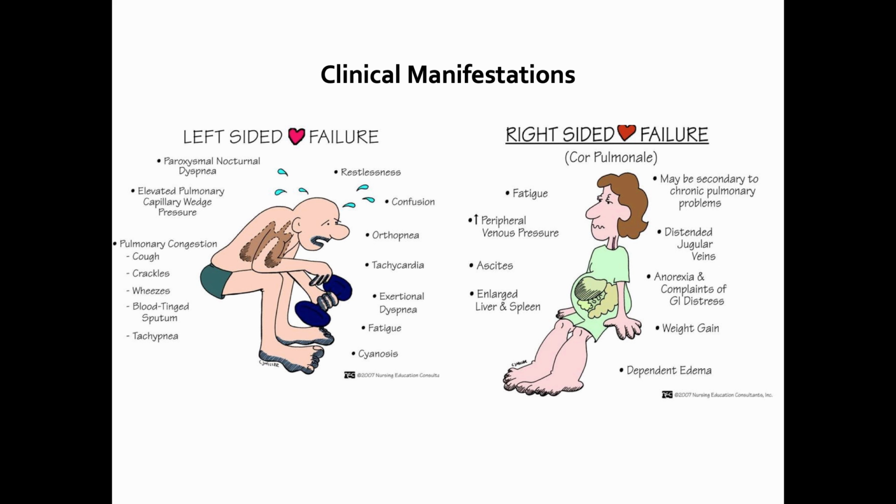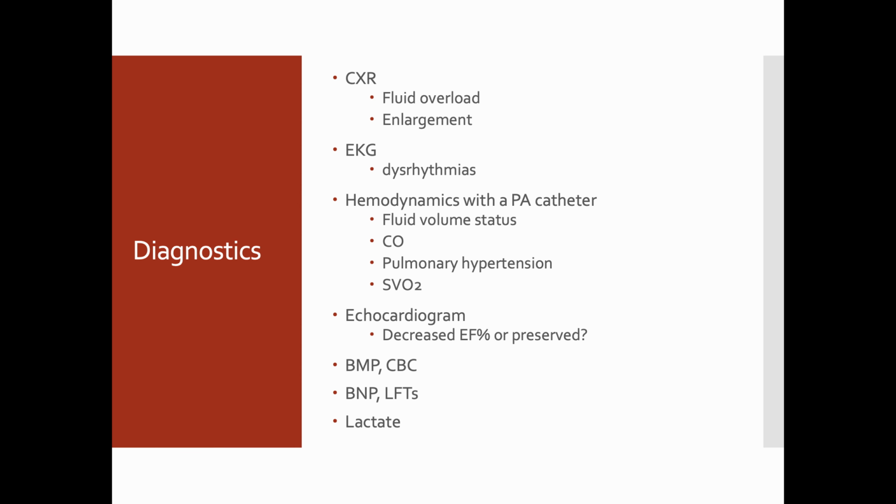All the right-sided stuff tends to be weight gain, dependent edema, distended jugular veins, ascites, diarrhea. Those kind of things happen in right-sided heart failure. Okay, so left-sided heart failure, certainly more worrisome usually, and those are the ones that we tend to think about more often. So how do we make these diagnoses?